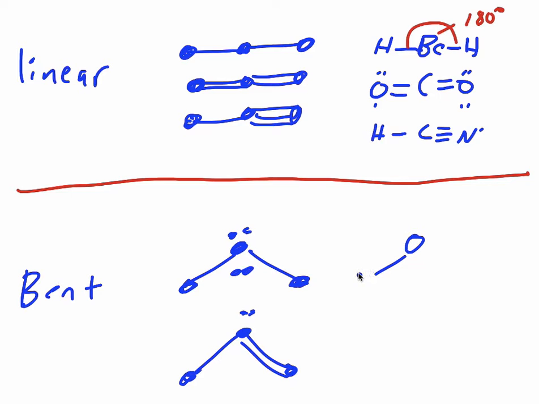Obviously water is an example, and the bent conformation of water we'll learn in the next topic really affects its shape. Sulfur dioxide is another one. So similarly to linear, there are two external atoms, but different than the linear, we have either one or two lone pairs of electrons on that central atom.